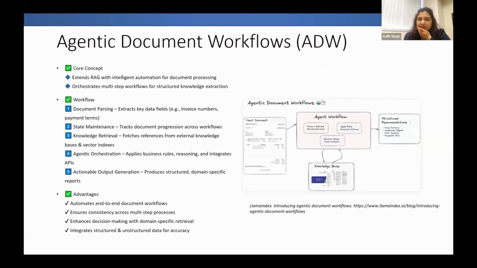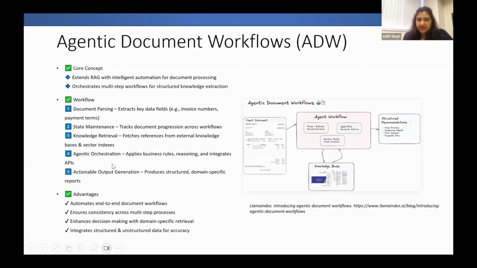So this was basically created by Llama Index. It is introducing that you can go ahead and retrieve documents by extracting key data field information. If you have invoice numbers, payment terms, that could be just fetched in that particular document. It also allows you to create the tracking of document across the workflow.